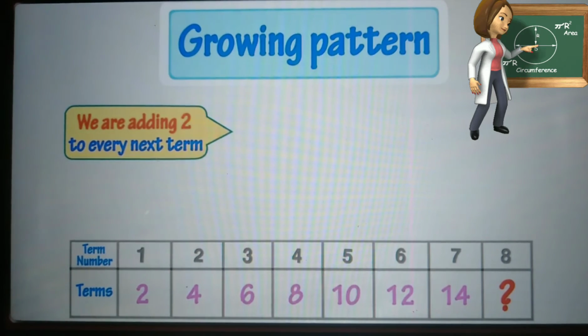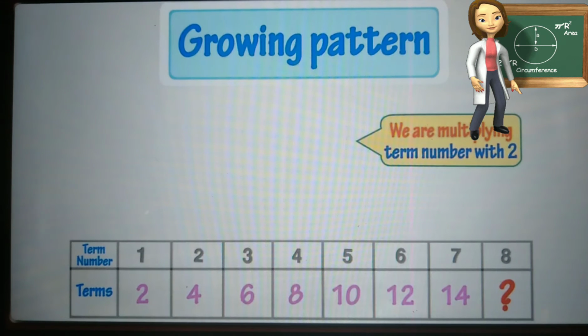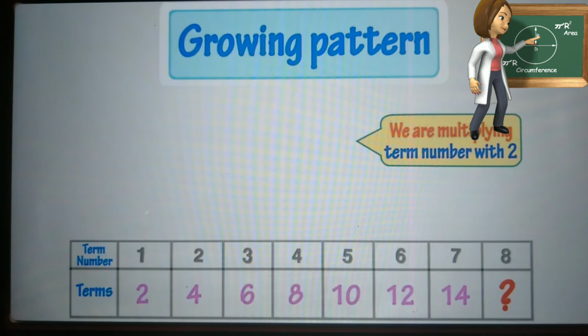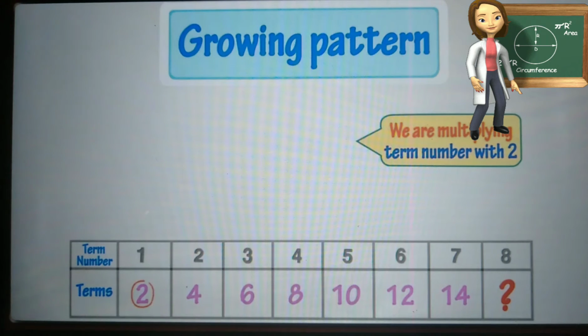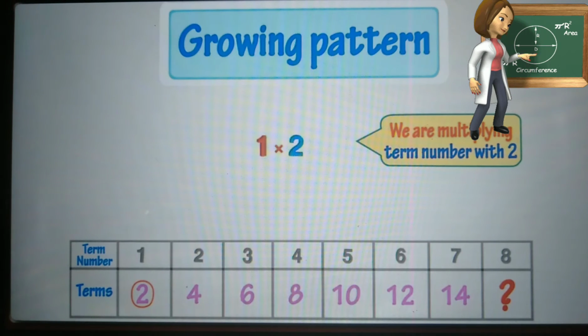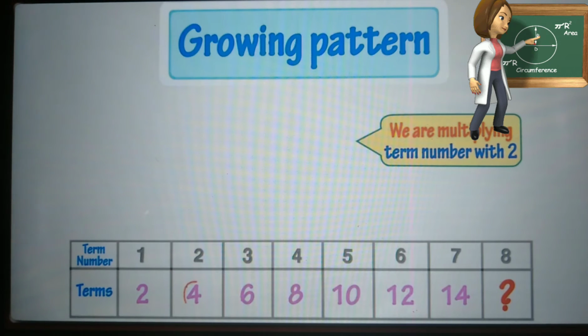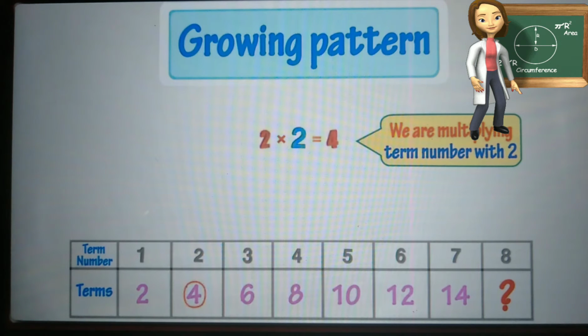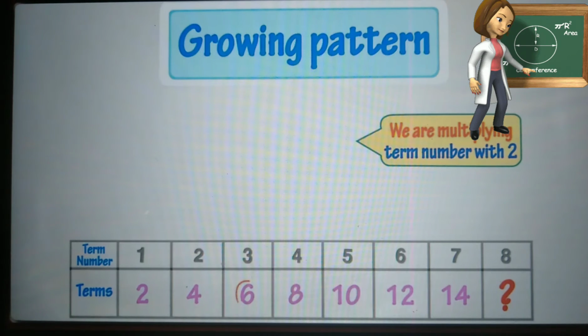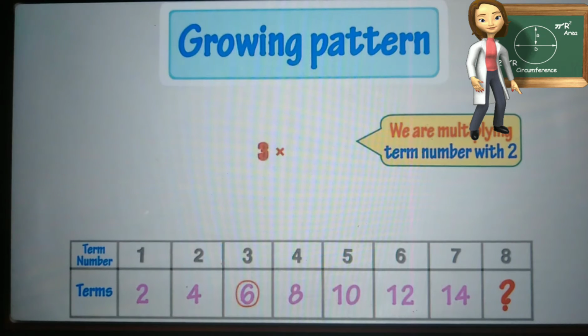The other way is we are multiplying the term number with 2. Term number 1 is 1 multiplied by 2. Term number 2 is 2 multiplied by 2. Term number 3 is 3 multiplied by 2.